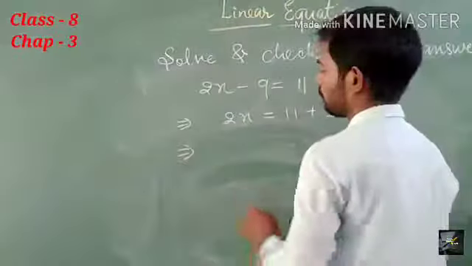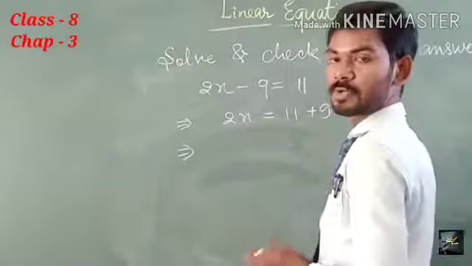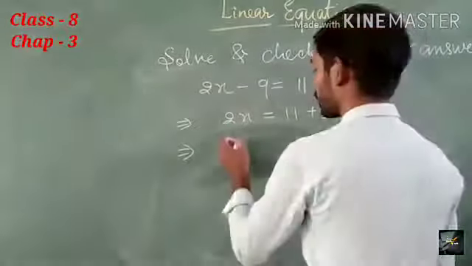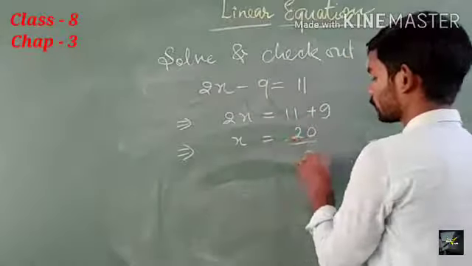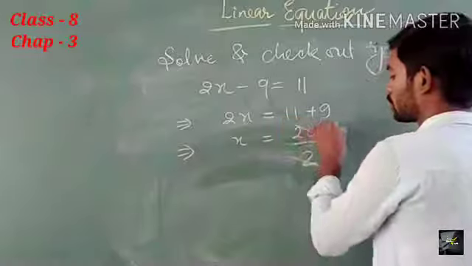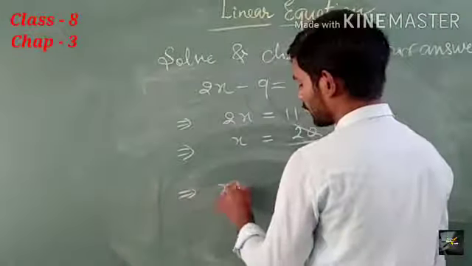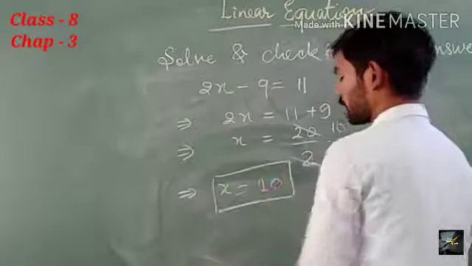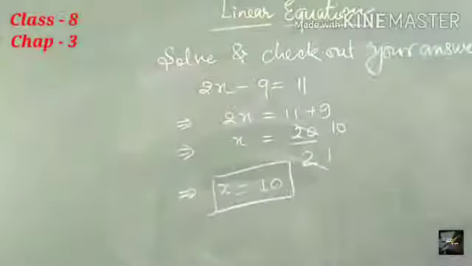Again in the next step, 2 is multiplied with x, so when 2 is transferred to the right side, it becomes divided and we get x is equal to 20 upon 2. Now solving, 2 ones are 2 and 2 tens are 20, so we get x is equal to 10. Therefore, x is equal to 10 is the required solution.